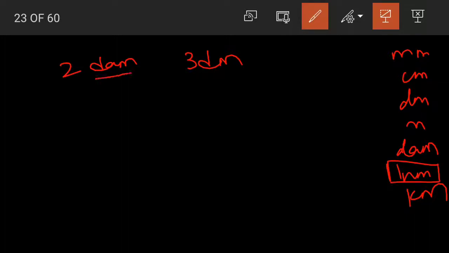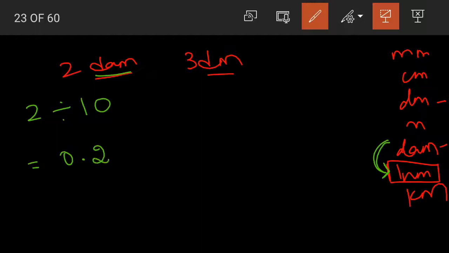So lower units, both are lower units. See here we have both are lower units being converted into higher units. So we need to divide. 2 divided by how much? We have only one jump from deca till hecta. So 2 divided by 10, that is nothing but 0.2 HM. Yes. After dividing, the answer will be in HM.